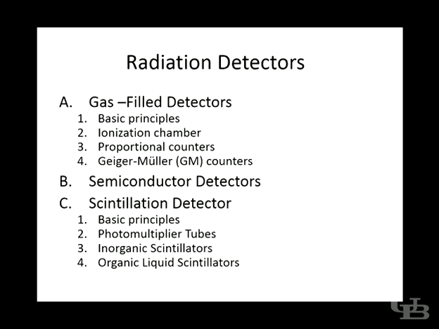The third type is called the scintillation detector. These are designed mostly for gamma ray detection. Most of our gamma ray detectors or nuclear medicine imaging detectors are based on scintillation detectors because it has high density and can give you the efficiency.